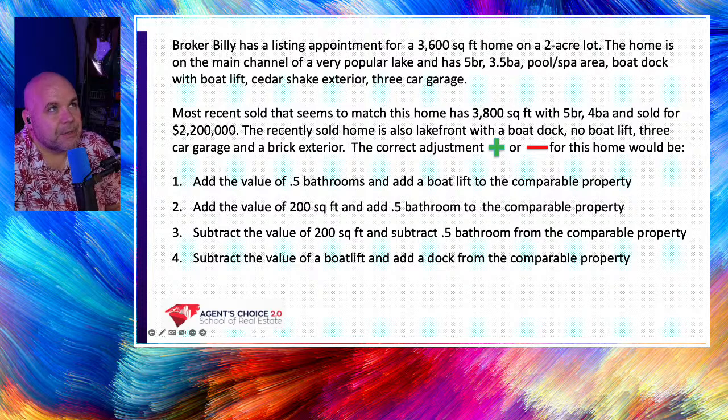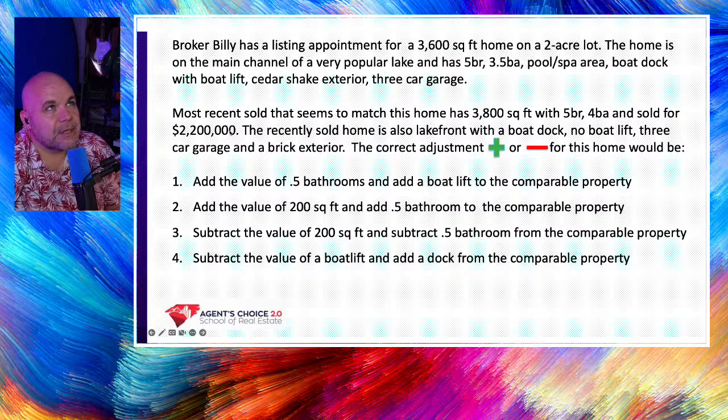We don't even mention it on number 4. We do have subtract the value on number 3. That gives us more inclination that number 3 is correct. And then boat dock, but no boat lift. Subject does have a boat lift. So we would need to add value for the boat lift. And number 4 says subtract value for a boat lift, so that rules that one out. So it looks like number 3 is the best match.